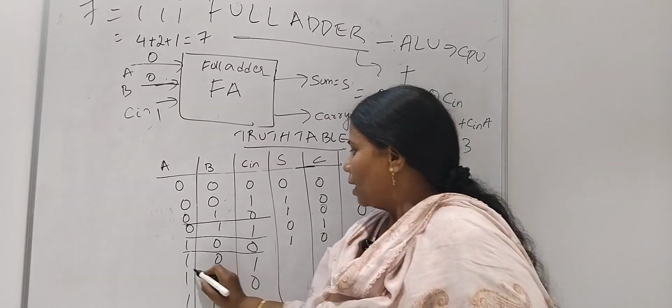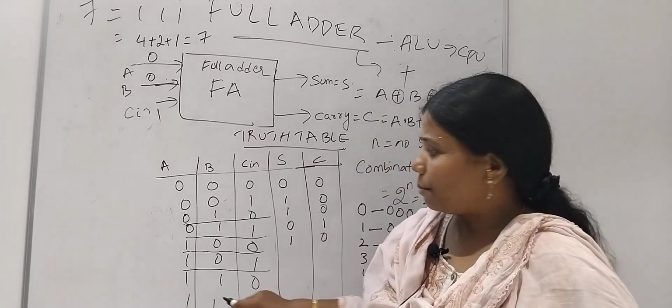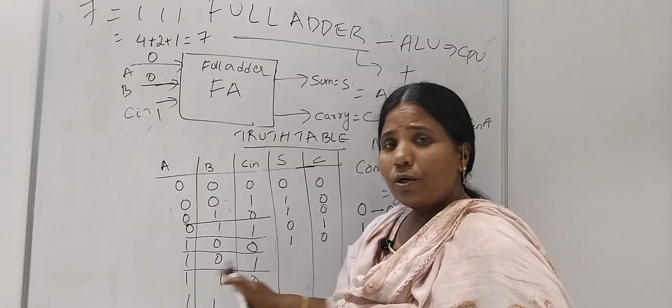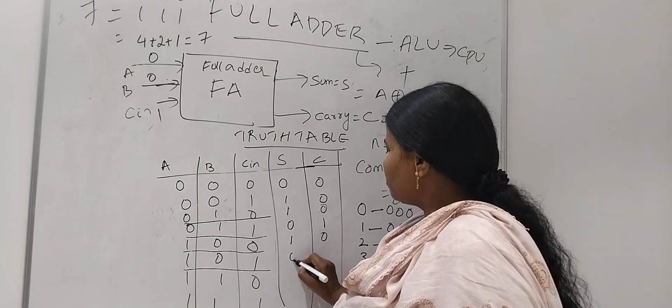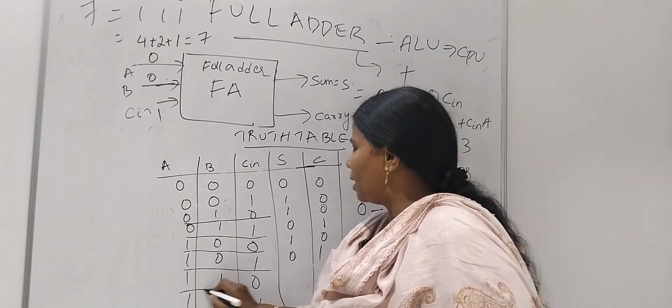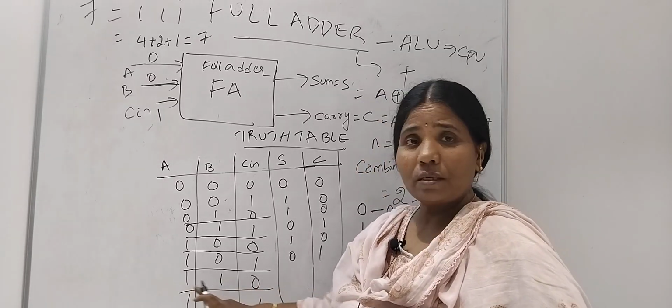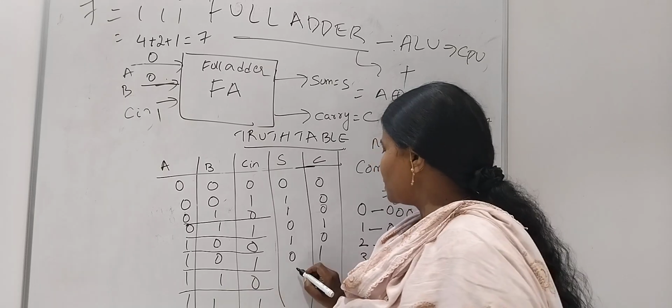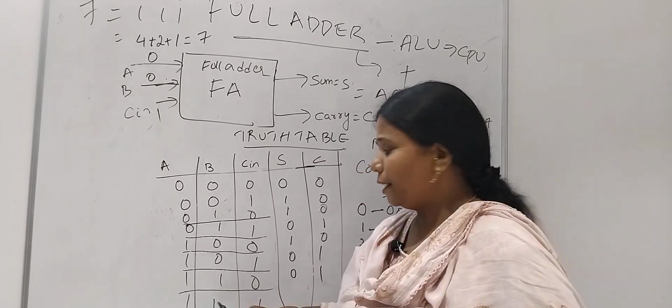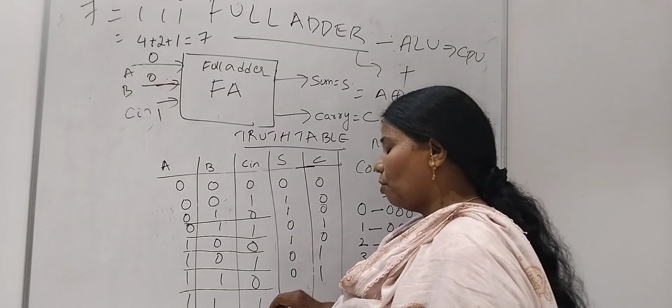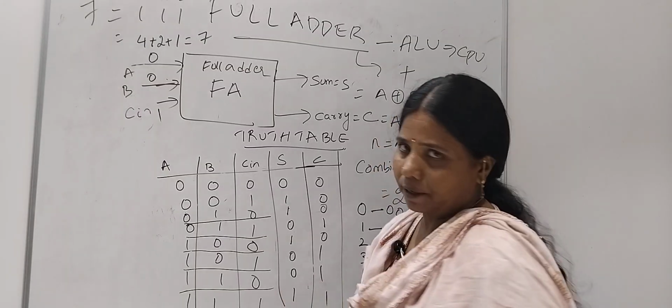That you remember. And next combination you have this. Among the 3 inputs, 2 inputs are 1, means sum 0, carry 1. Next you have this. Among the 3 inputs, 2 inputs are 1, means sum 0, carry 1. Next you have 3 inputs. If all inputs are 1, sum will be 1, carry 1.